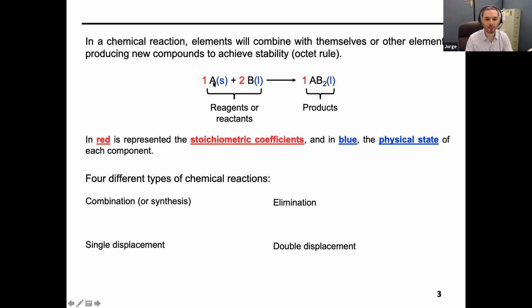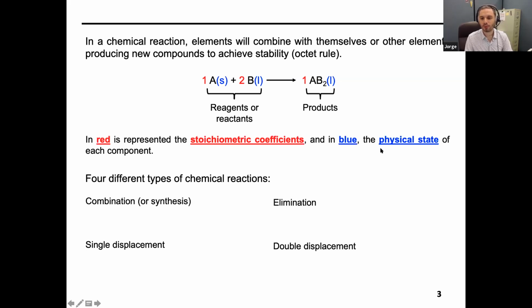The stoichiometric coefficients will tell us the amount of atoms of the A element that will combine with the B element and how much will be produced for the product AB2. In this case, we need 1 A combining with 2 B to form one AB2.